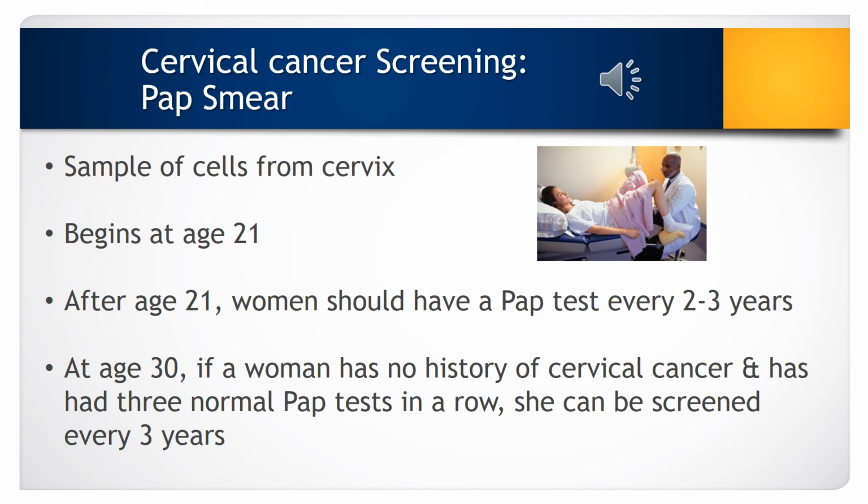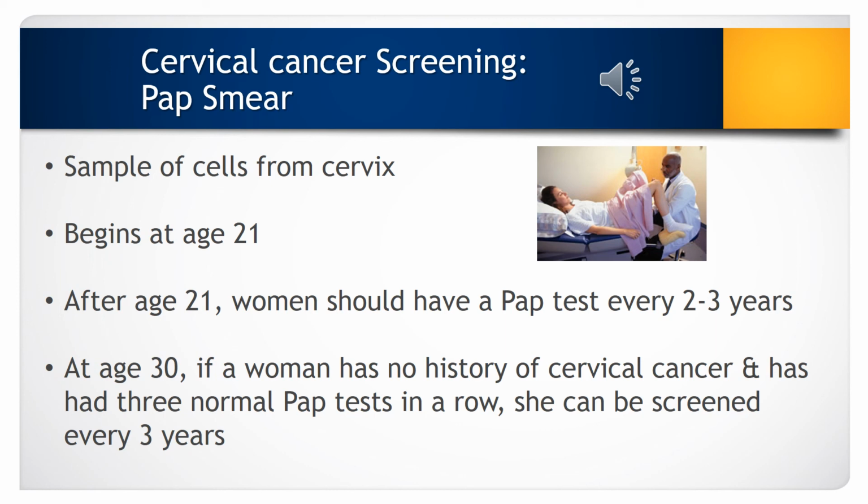So now a woman should have her first Pap at age 21, regardless if she's sexually active or not. Now keep in mind, a Pap smear is not the same as screening for sexually transmitted infections.